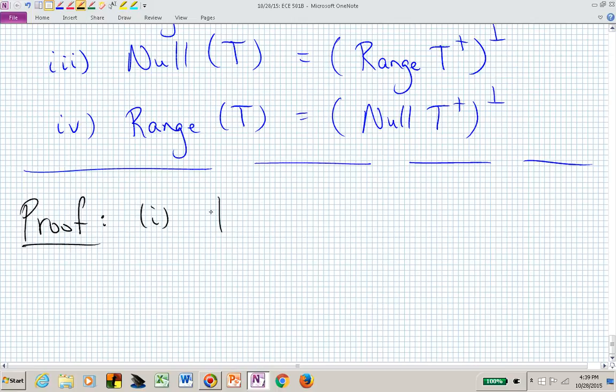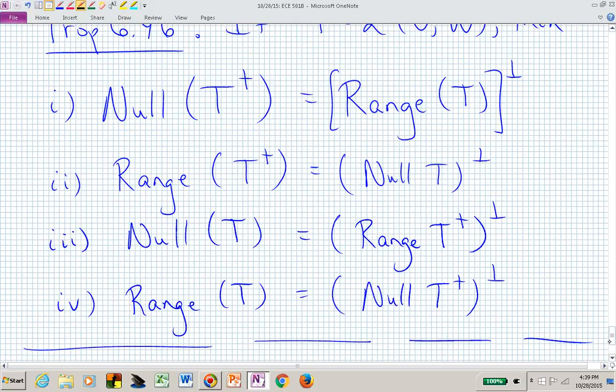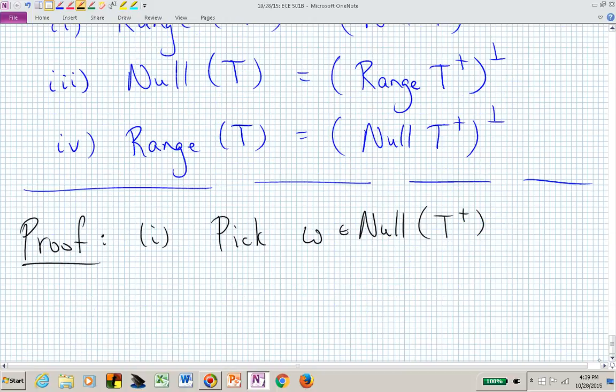For 1, let's just select a vector W that lives in the null space of T dagger. That's the first subspace in 1. So now we're just generically selecting a vector W in the null space of T dagger.